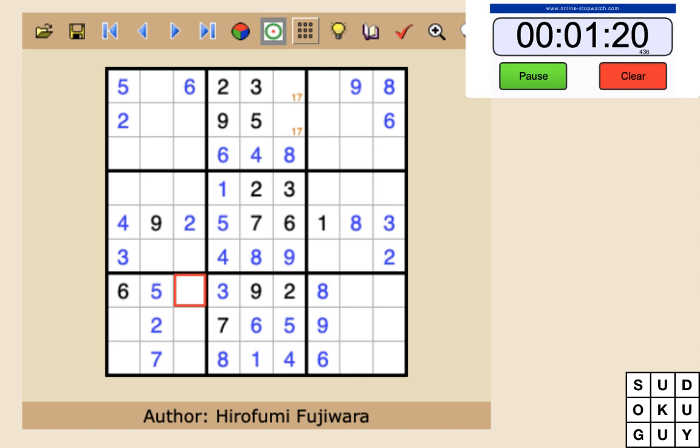This row is missing 1, 4, and 7. That's not too helpful. How about this row? 1, 4, 7. Oh, there's only 3. Oh, huh. Cool. I thought there were more.